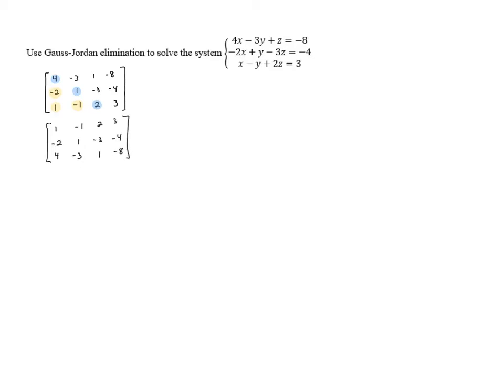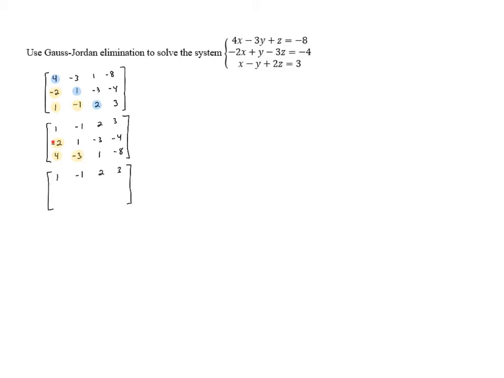That just puts us in the right place to have a 1 here already, and that's going to make things easier moving forward. So our next goal is getting those zeros down there. Now at this point, we're not going to change the first row, so we can rewrite it down here.